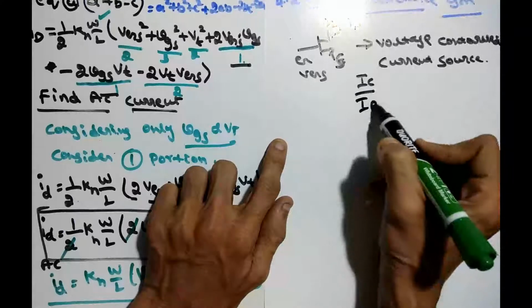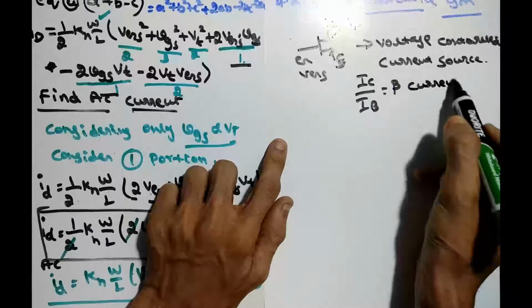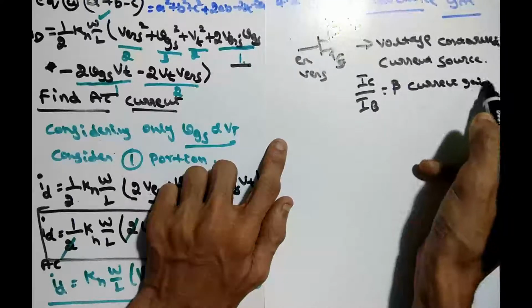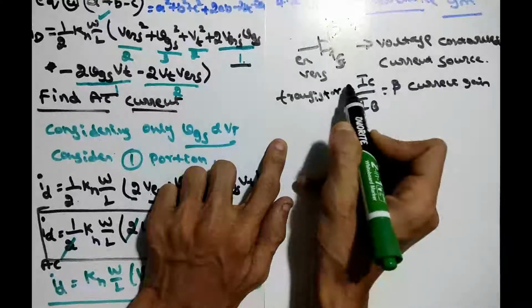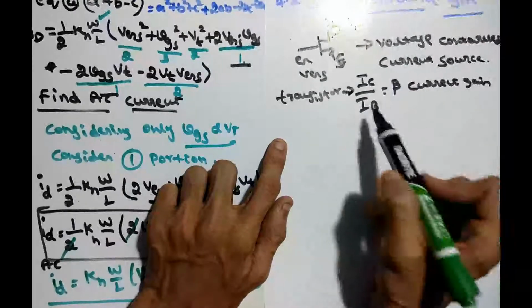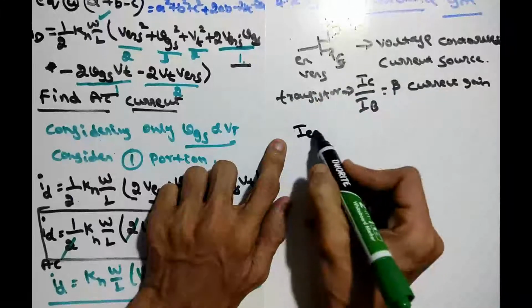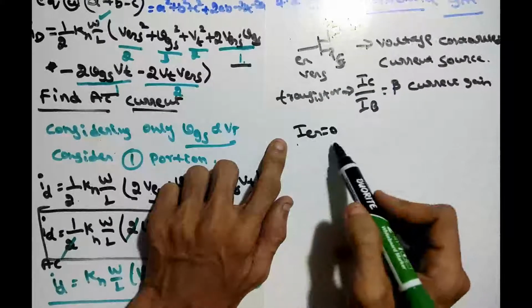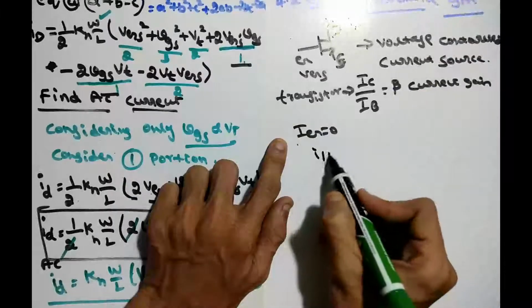So we have taken IC by IB, and it is nothing but beta, the current gain, as we called it. But this is all for the transistor. In the MOSFET the difference is that we are not taking it with the current, because we know that the input current IG is 0. So we cannot take the input as a current. We are taking the input as VGS and the output as ID current.